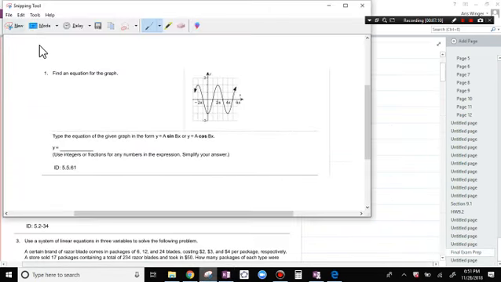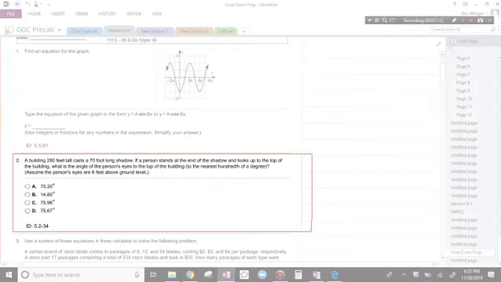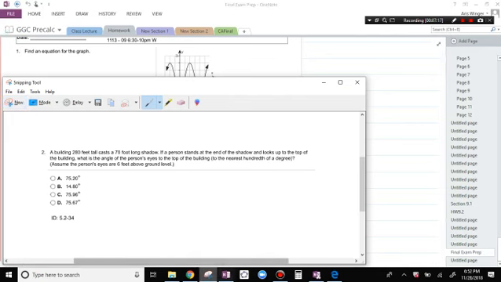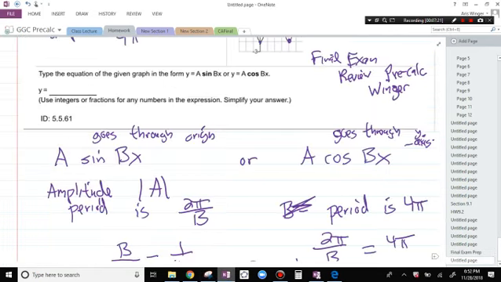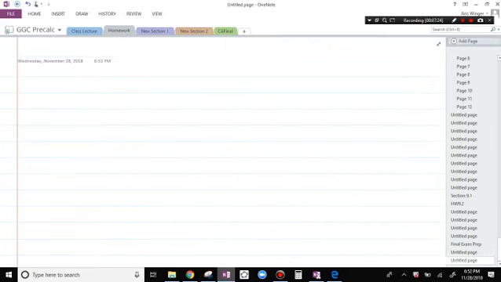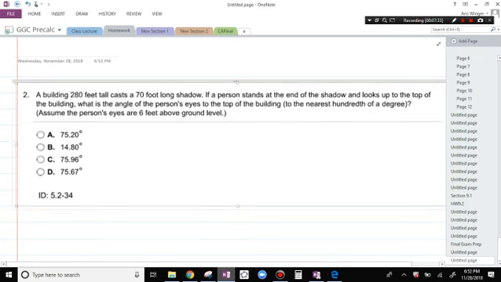Triangle. Draw this picture. It won't be multiple choice, but this is the closest one in my math lab to this type of problem. This has to do with a right triangle.